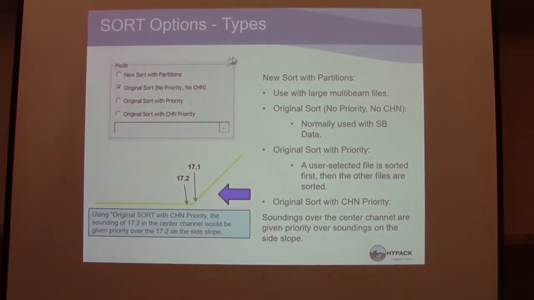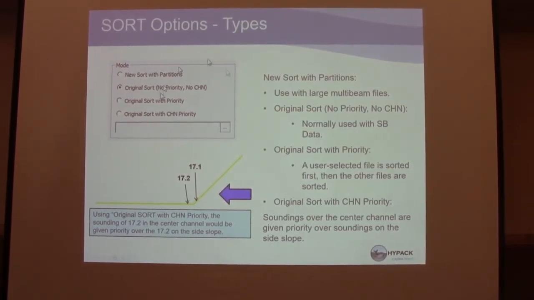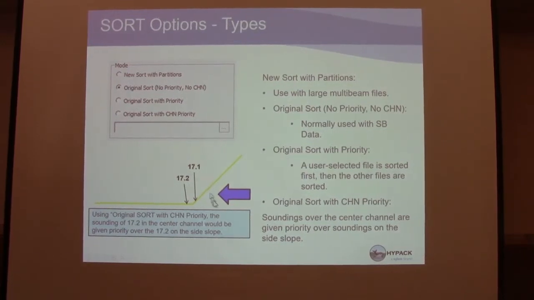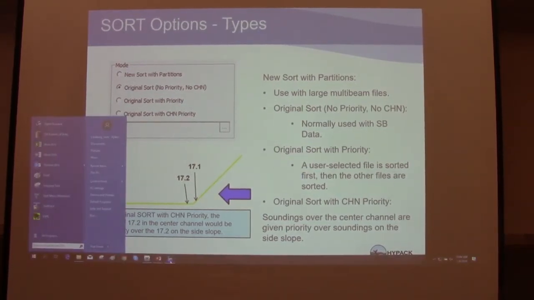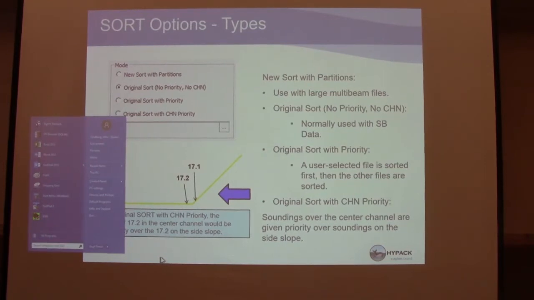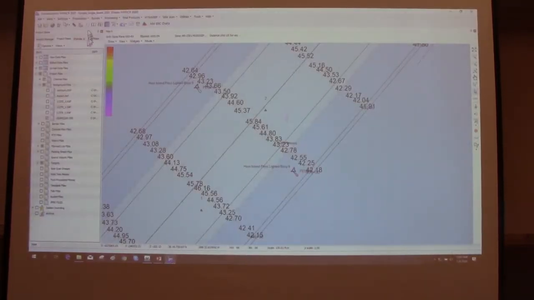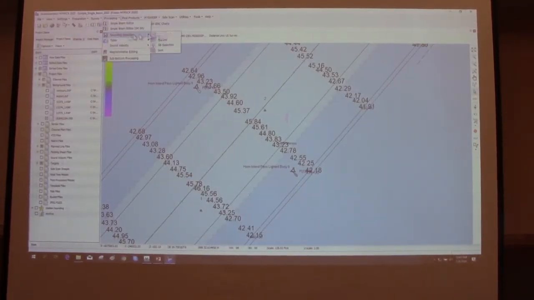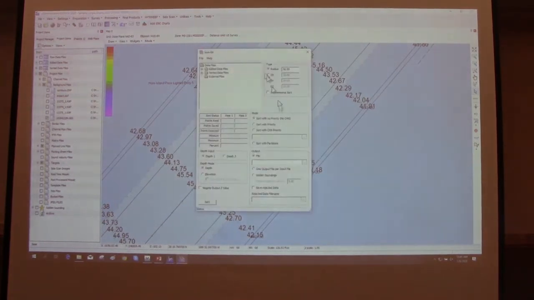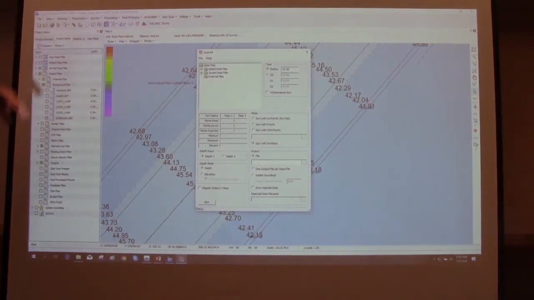Okay. There's another one here. This is an old slide here. Maybe I should just bring up the program. Okay. Down below here, sort with partitions. It basically uses the same methodology, but it subdivides your data set into multiple partitions and runs those separately.